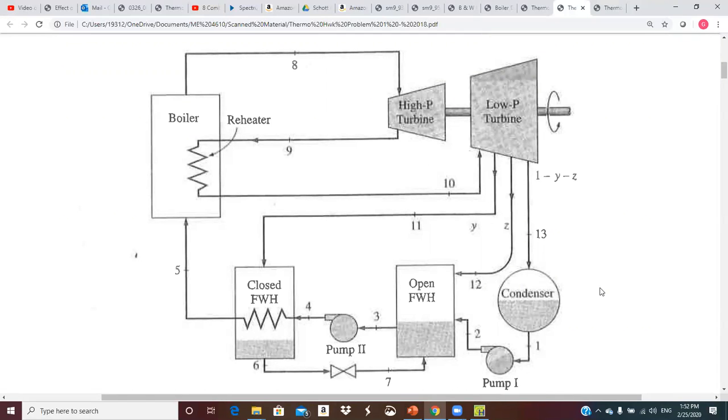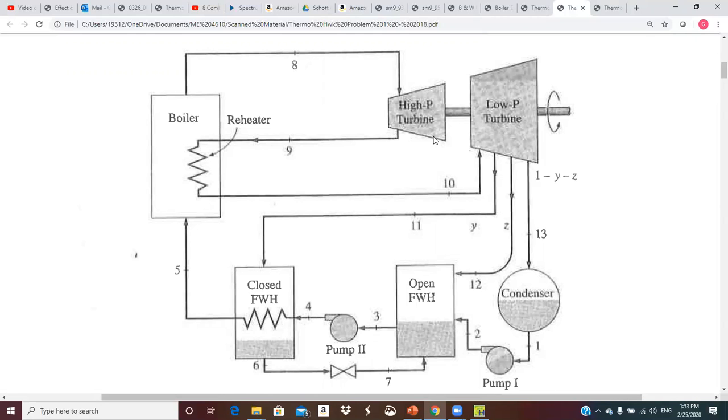Back to the boiler, it comes out of the high pressure turbine, reheater, picks up temperature, goes back, partial expansion, extract at 11, closed feed water heater, extract at 12, open feed water heater. The rest of what's left in the turbine goes through to the end, condenser, pump, everything mixes together in the open heater. And then from here, we pump all the way through the closed heater back to the boiler.